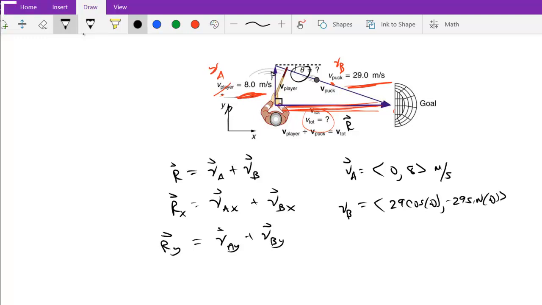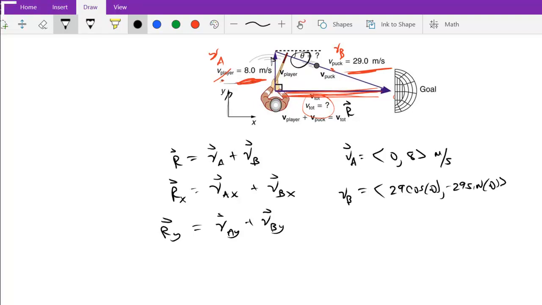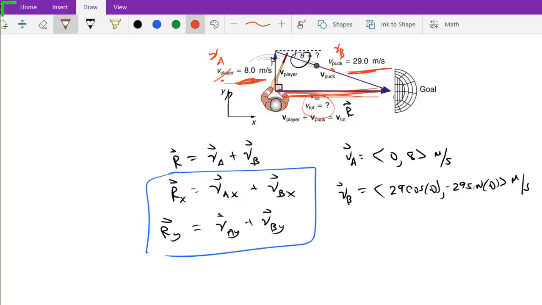And then we can find out, we have two equations and two unknowns. So we have these two equations here with the resultant in x and the resultant in y, and because we wanted it to go perfectly horizontal, we knew that the resultant in the y direction was equal to 0.